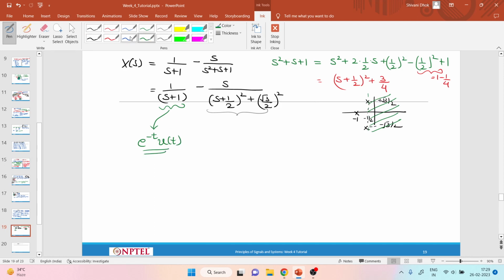Now let us try to find the inverse Laplace transform of this function, which is here.